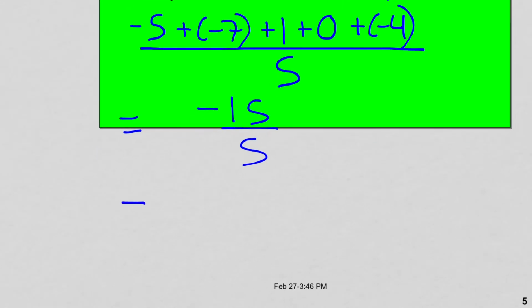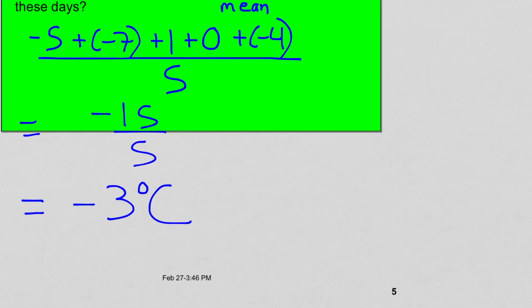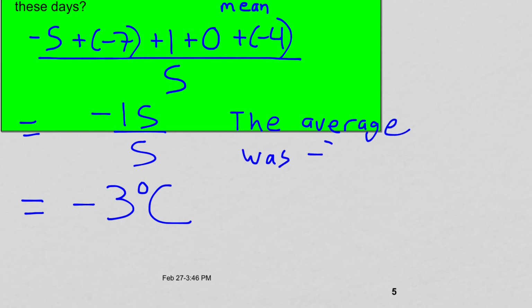And that means the average is going to be -3 degrees Celsius. That's the average temperature over those 5 days. The average was -3 degrees Celsius.